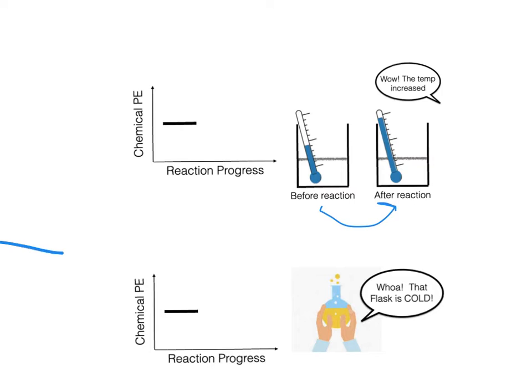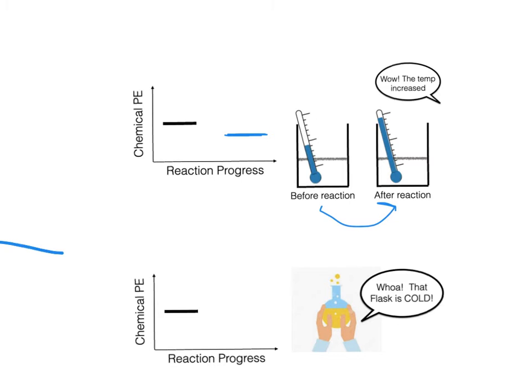If the reaction vessel is warming, that means there's been a depletion of the bond energy or the chemical potential energy. So in this reaction, as the reaction proceeds, the chemical potential energy is decreasing. As a result of this, you're experiencing that warmth. The energy is coming to warming the surroundings and warming you.